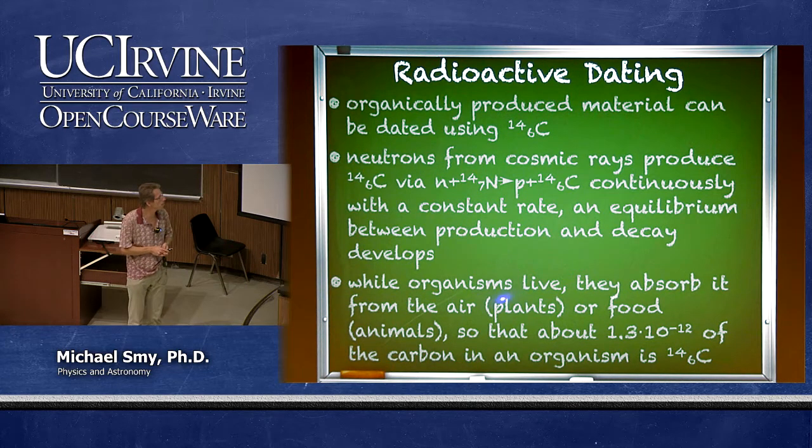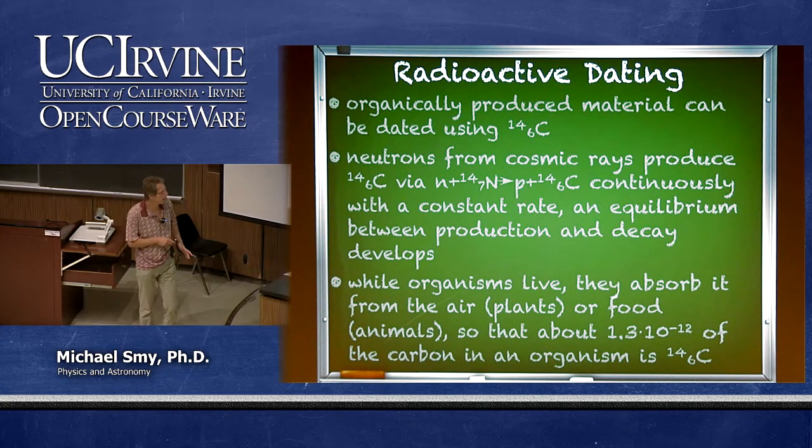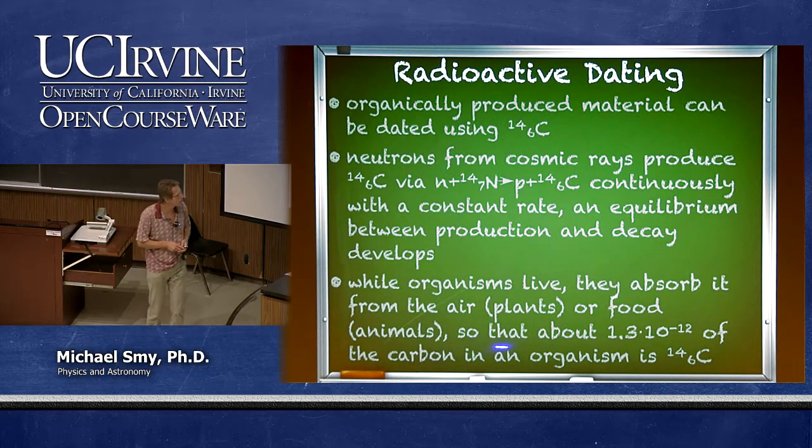And while organisms live, they absorb the carbon-14 from the air when they are plants via photosynthesis, or via food when they are animals and eat plants. And so that means that about 1.3 times 10 to the minus 12 of the carbon atoms are carbon-14 for any living organism.